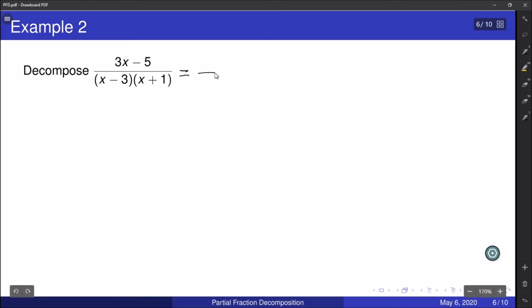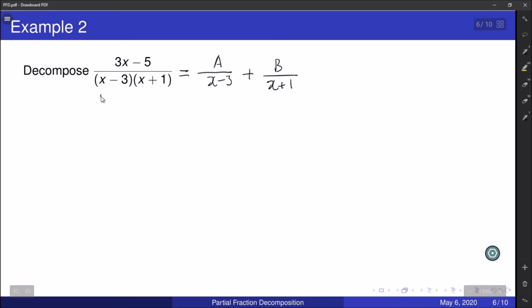So we end up with a over x minus 3, and then plus b over x plus 1. Once again, we have two unknowns, two constant terms, because the numerator has to be of a lesser degree than the denominator. This is degree 1, so this will be degree 0, and we already know that they have to be constant terms.